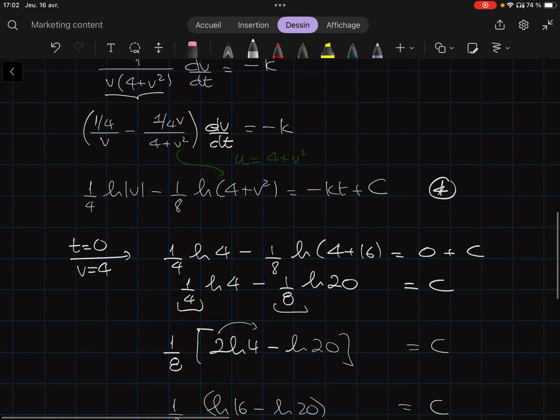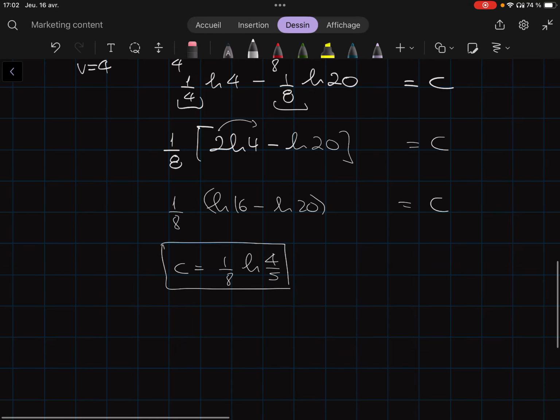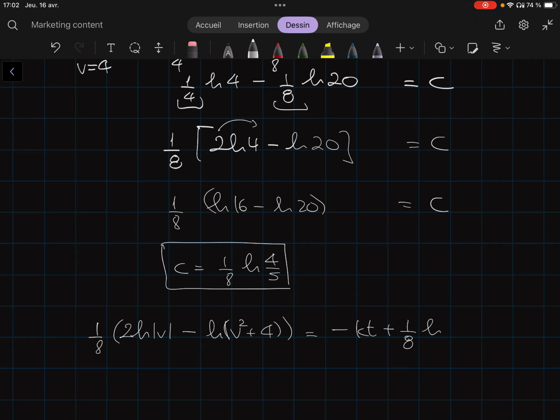How can we then isolate v from this? First off, we need to find a way to combine the two logarithms, which is quite similar to what we just did up here. So if you factor out 1/8, you're down to 2 ln of v minus ln of v squared plus 4. And this is equal to negative kt plus 1/8 ln of 4/5.